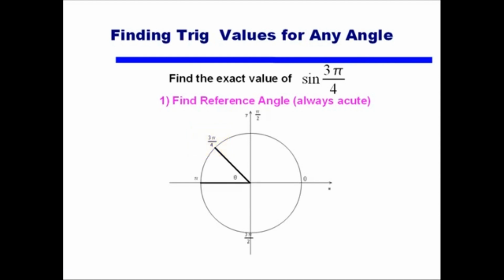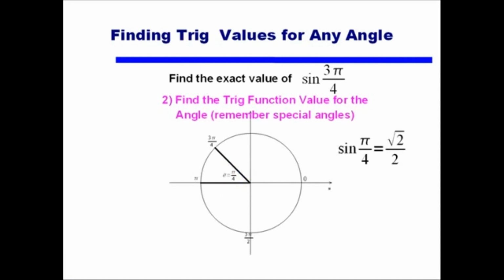Our reference angle for that, remember the reference angle is the angle formed by the closest x-axis and that terminal side, and that looks to be a pi over 4. Remember, pi over 4, that's one of our special angles we need to memorize. The sine of pi over 4 is equal to square root of 2 over 2. So now we have the trig function value for our reference angle. However, we have one more step.